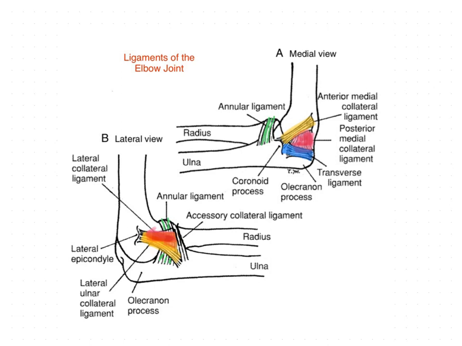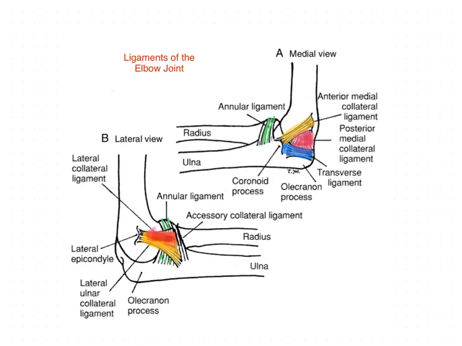The ligaments mainly help in the stability of the joint, and it is a hinge variety of joint. Most hinge variety joints have collateral ligaments.